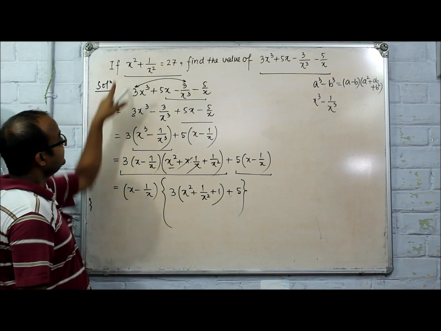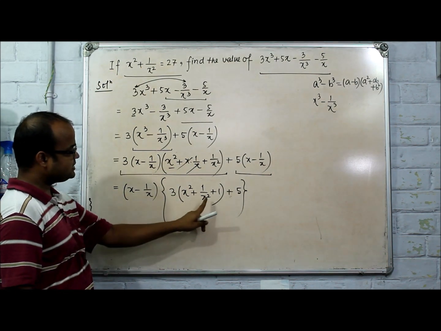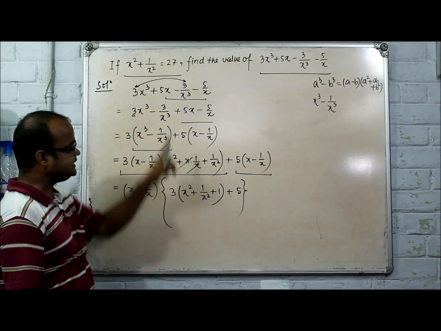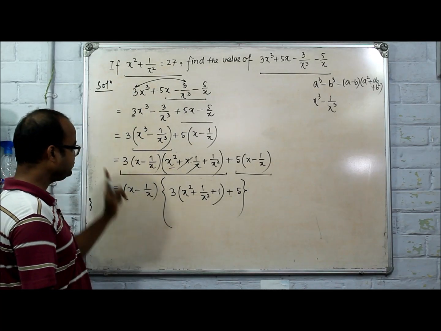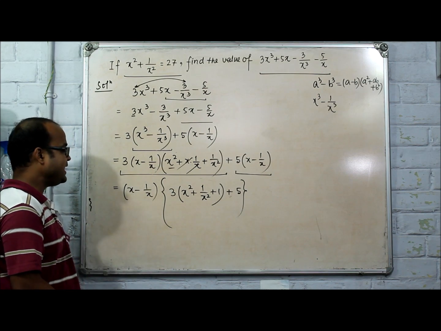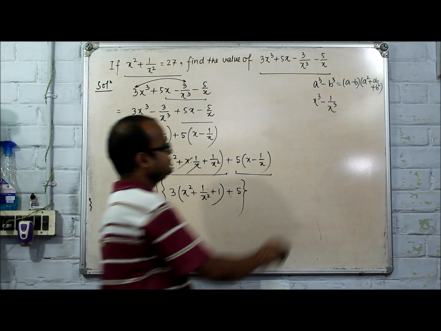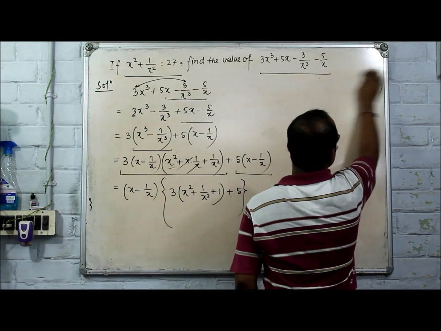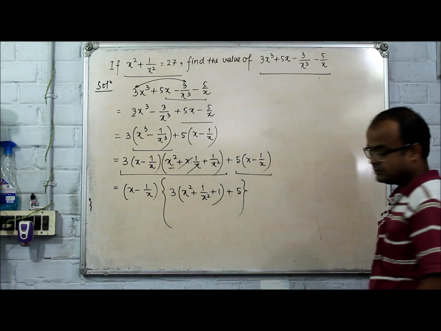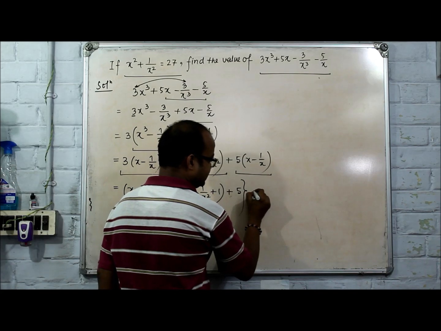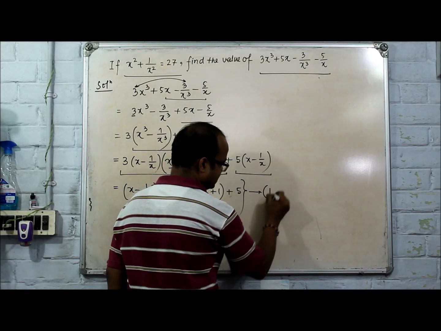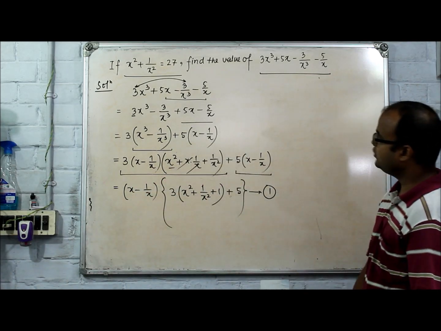Now if you see, the value of x square plus 1 by x square is given as 27. So using this relation, we have to find out the value of x minus 1 by x. I am giving this term as expression 1.